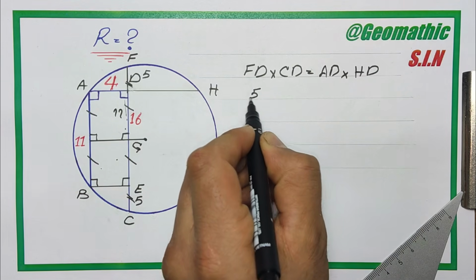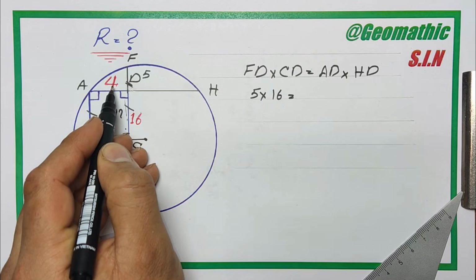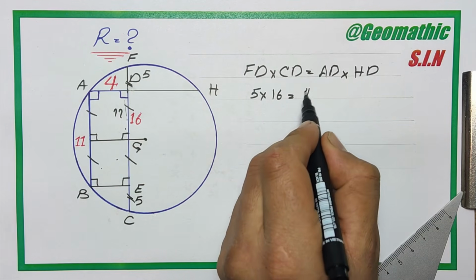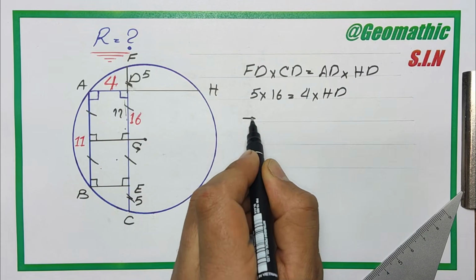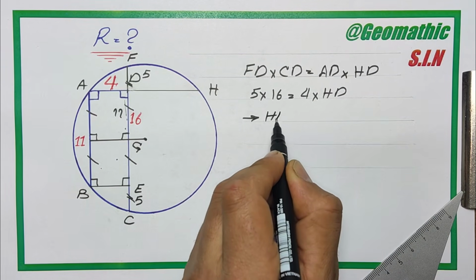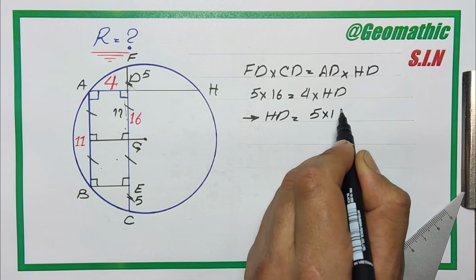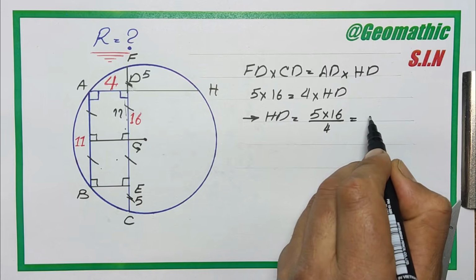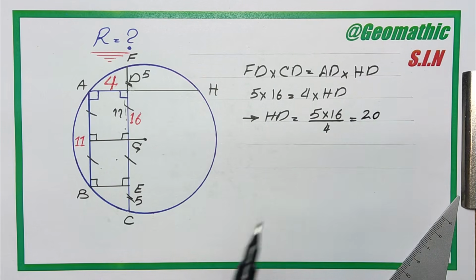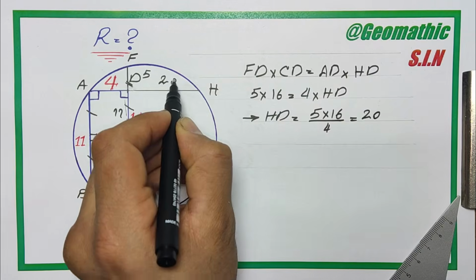So 5 times 16 equals AD, which is 4, times HD. Then HD equals 5 times 16 over 4, which is equal to 20. So HD equals 20.